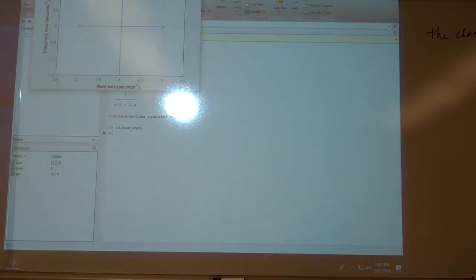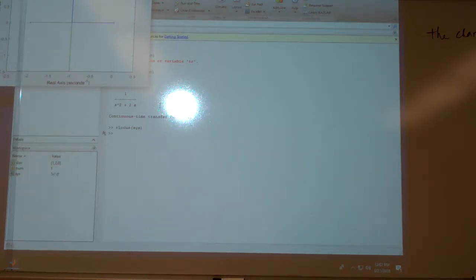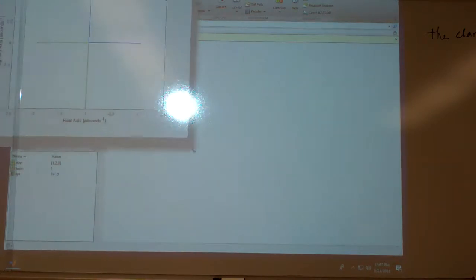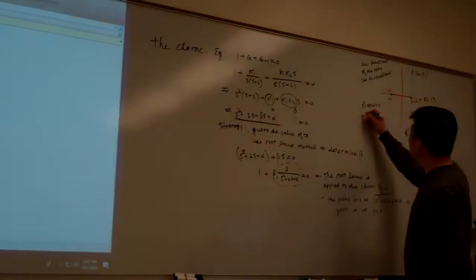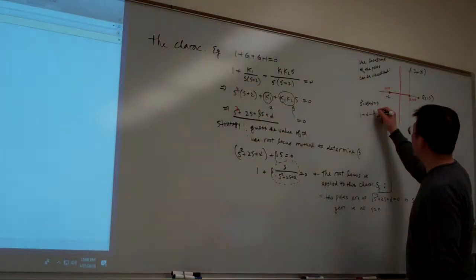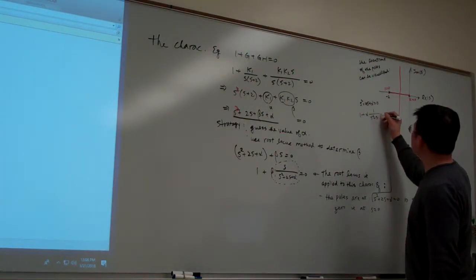Okay, so right now we're showing the starting points, and here we can pick alpha. From here you can see alpha at this point. I move my cursor to here and click it, and here is the gain, that means alpha. So we rewrite this as 1 plus alpha over s squared plus 2s equal to 0.